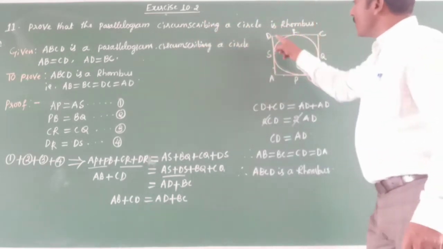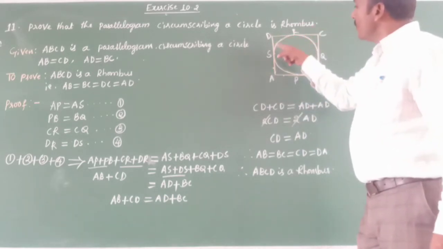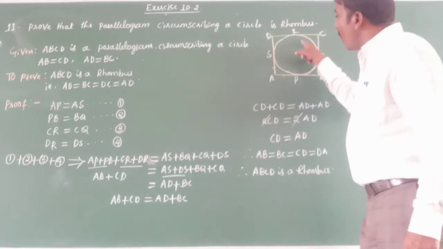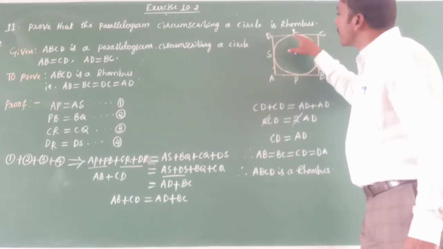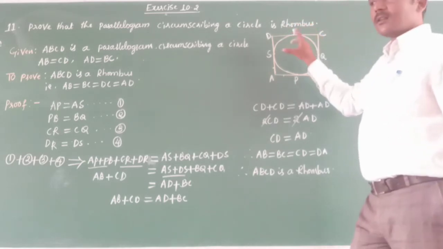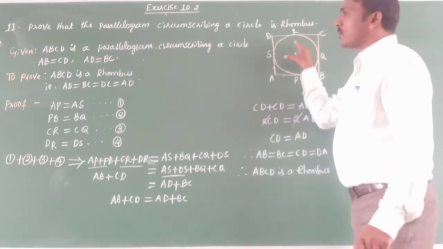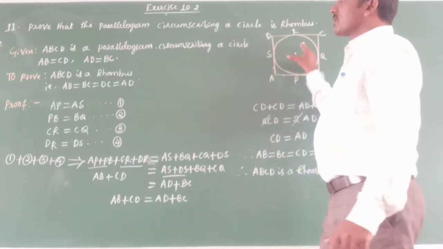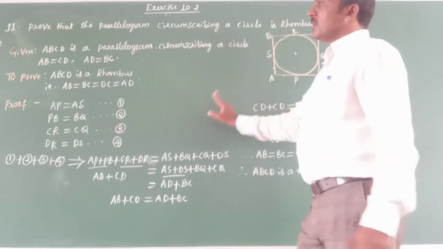See the diagram. ABCD is a parallelogram. In the parallelogram, fix a circle, which means all 4 sides of the parallelogram must touch the circle. Inside the parallelogram, fix one circle. That is what circumscribing a circle means.